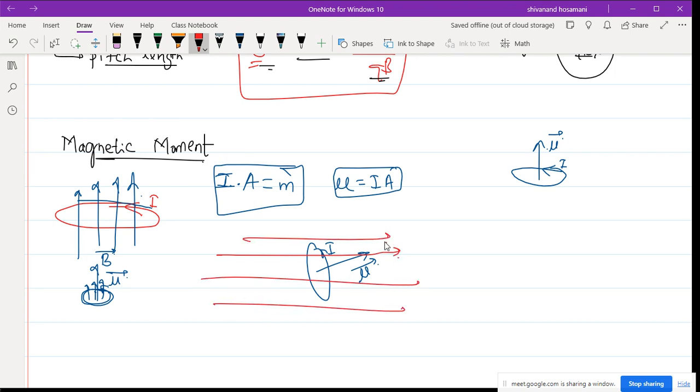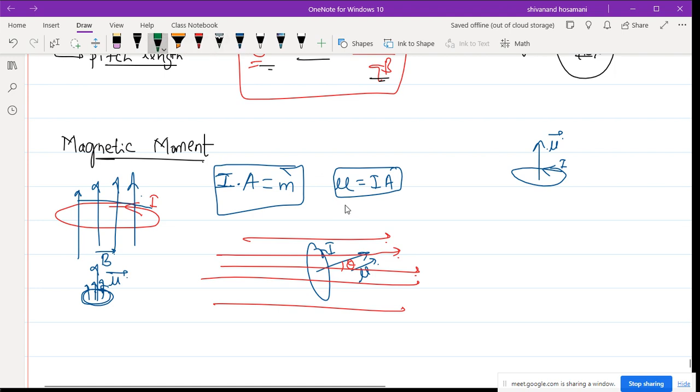Then what happens? See, this makes a certain angle theta with respect to the magnetic field. So if I take this as theta made with the magnetic field, right? The magnetic moment tries to orient in the direction of the magnetic field.